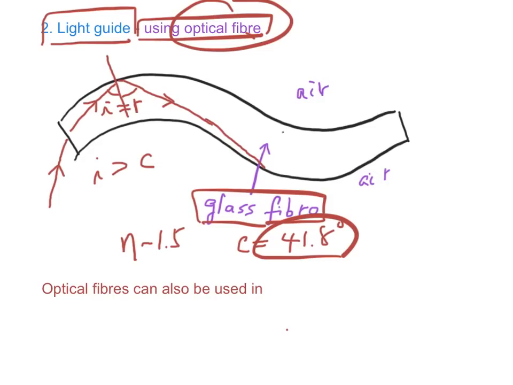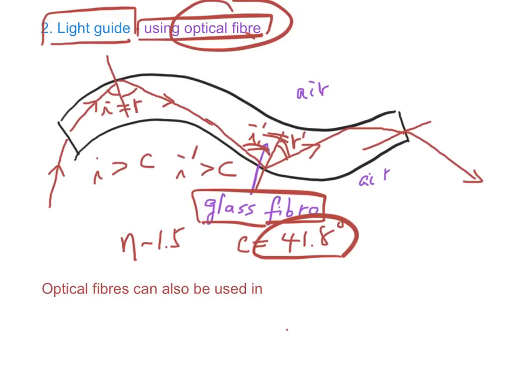Again, the angle of incidence is also larger than the critical angle. Therefore, multiple total internal reflections occur. Finally, the light wave will refract into the air from the other end of the fiber.